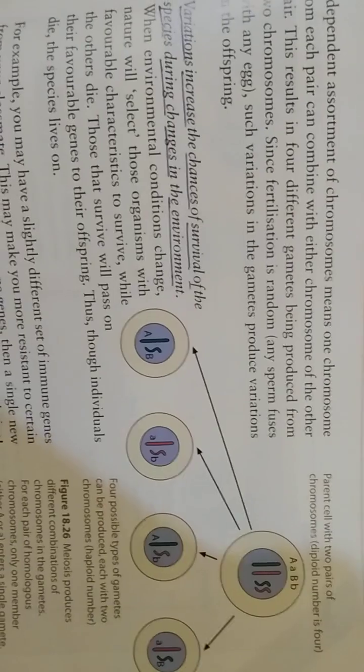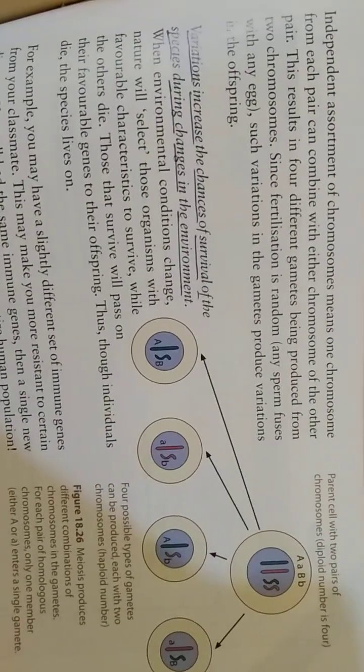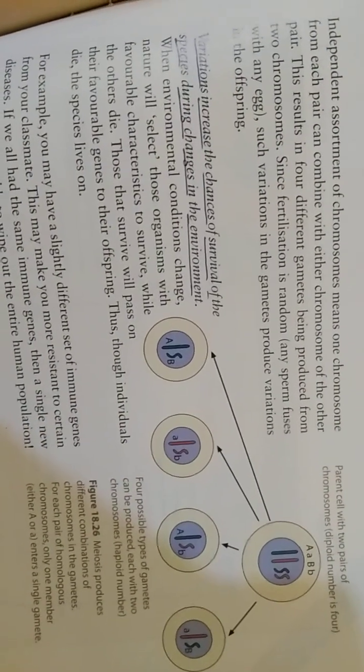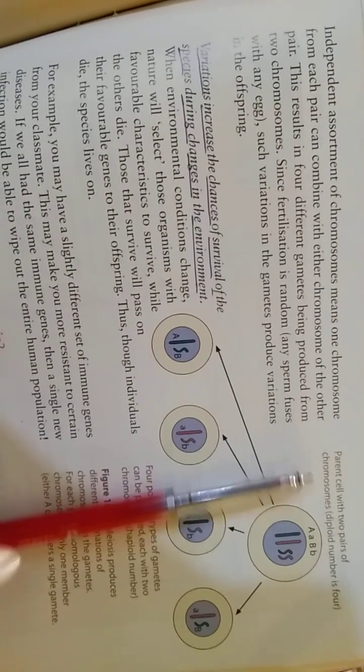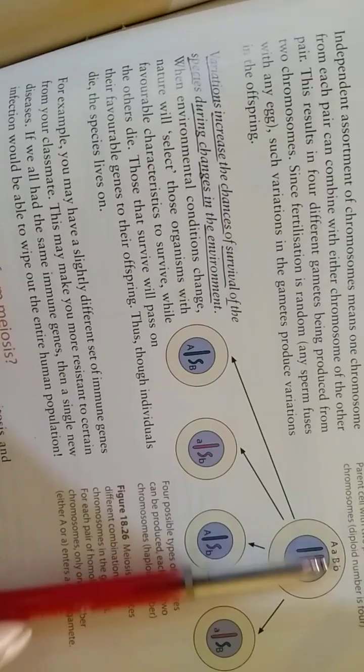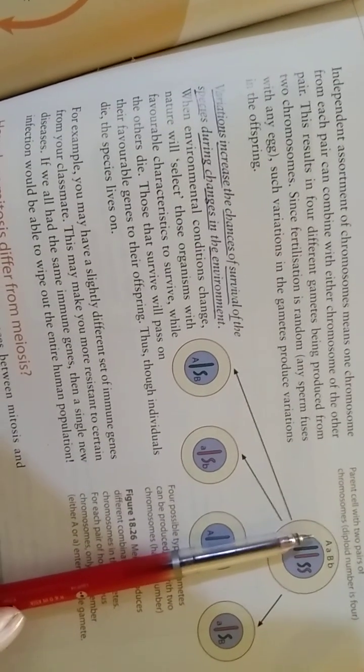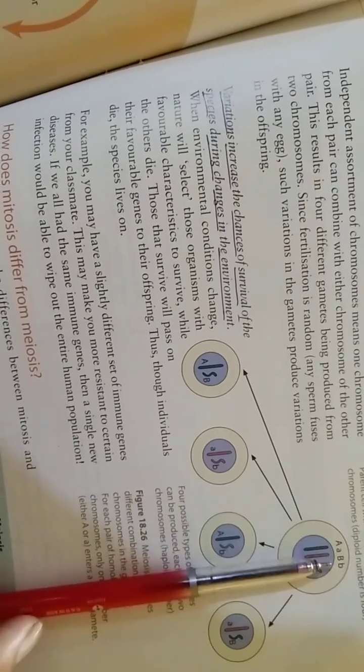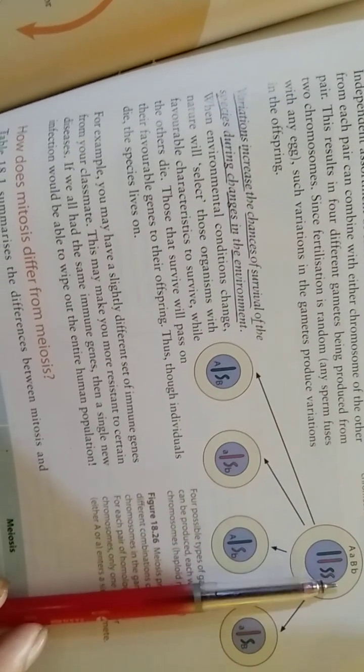Look at the diagram and try to understand the process. The parent cell has two pairs of chromosomes, the diploid number. Capital A, capital B, small b.